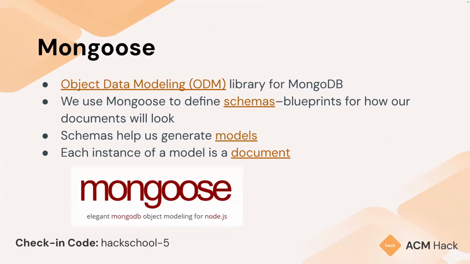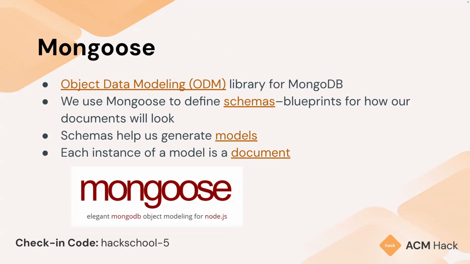Okay, so hopefully everyone has that. So now let's just briefly talk about Mongoose. Mongoose is an object data modeling library for MongoDB. Basically it allows us to structure our database in a more uniform way. MongoDB doesn't really have a structure, so there's no one set way to store the database.